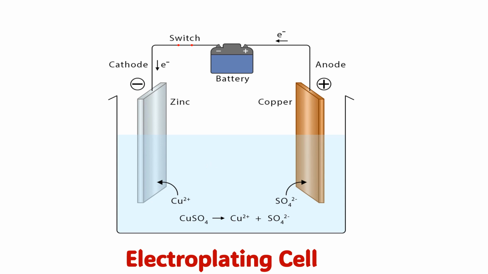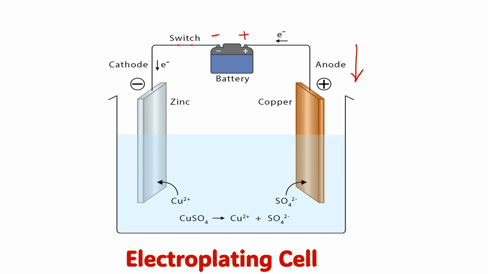Dear student, please keep in mind that the zinc is connected with the cathode of the power source or battery in the electroplating cell, whereas the copper is connected with the anode of the battery. As you know, a battery has negative as well as positive terminals.